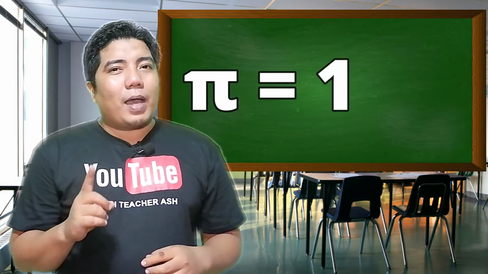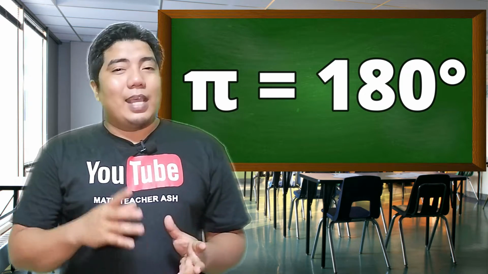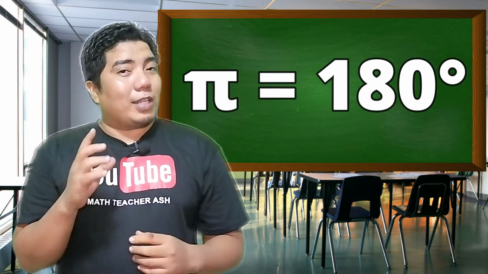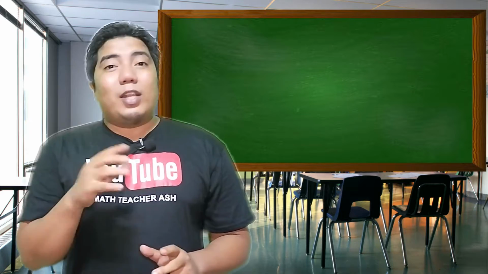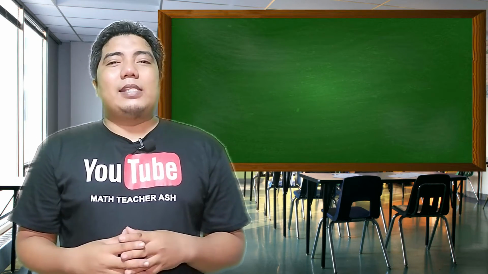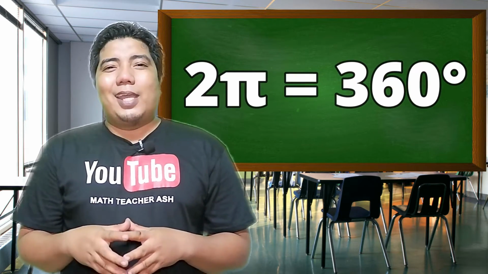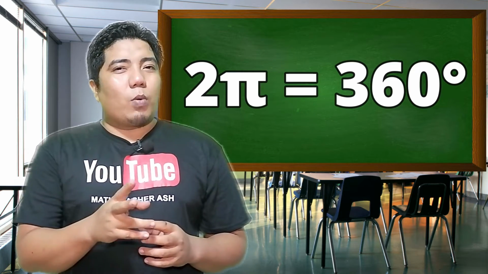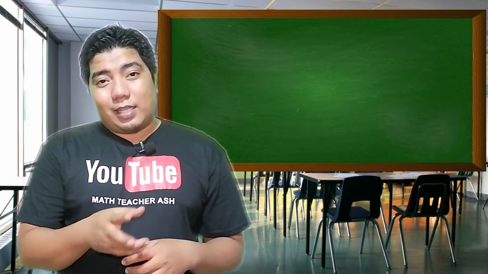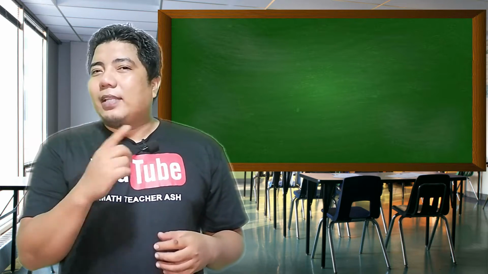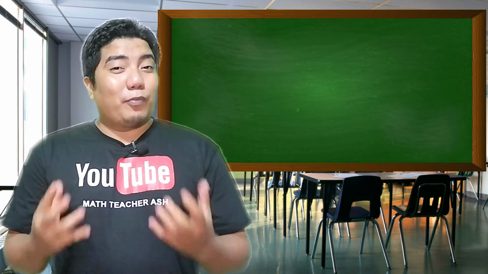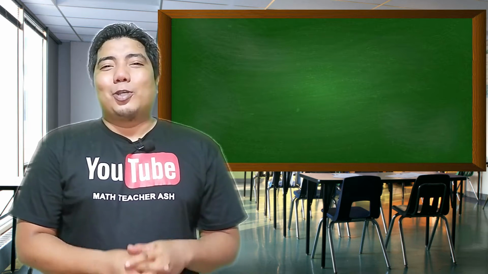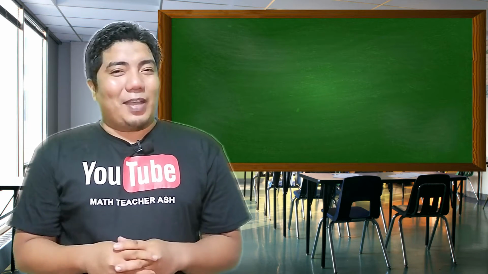Again, 1 pi is equal to 180 degrees. That is one semicircle. And one full circle is equal to 2 pi or 360 degrees. Pi is equal to 180 degrees, or 180 degrees is equal to 1 pi. This will be our basis for converting radian measures to degree measures or vice versa.